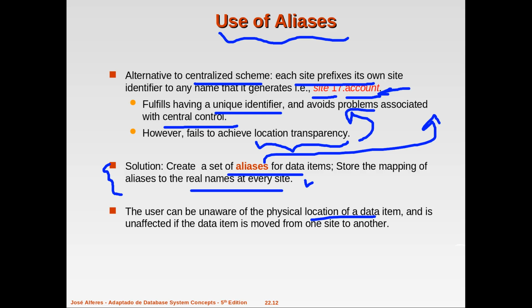Then we saw other properties like naming and the criteria given for providing the names of various data items, and also the property called transparency and various categories of distributed transparency, the different types of transparencies that can be applied to the data items present in a distributed database architecture.